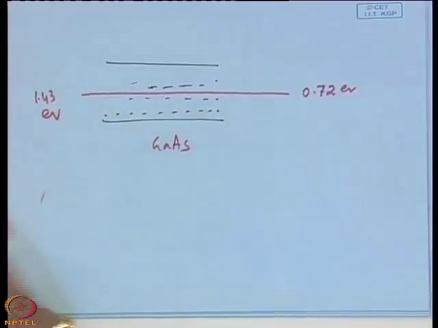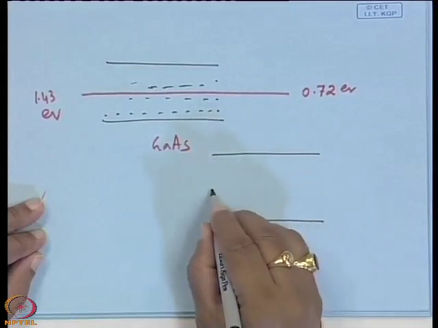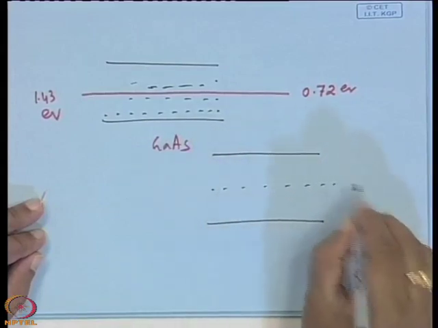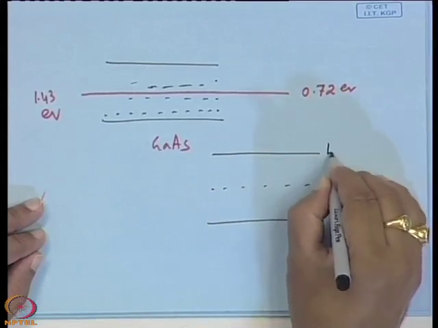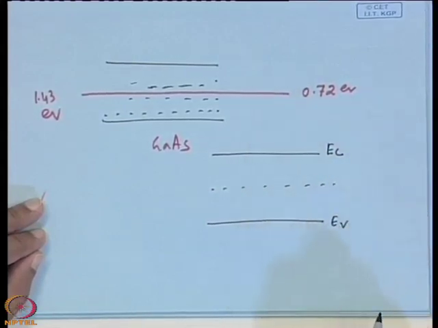So whether a material is p type or n type can be determined from the position of the Fermi level. Say this is your material, this is the intrinsic level, this is the conduction band, and this is the valence band.